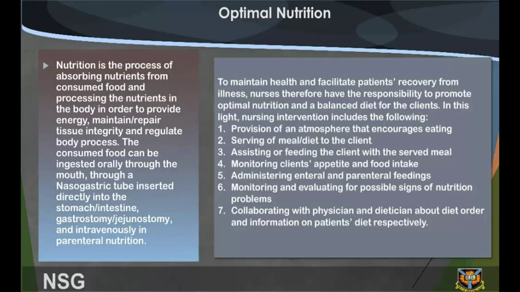The consumed food can be ingested orally, through the mouth, through a nasogastric tube, inserted directly into the stomach, intestine, gastrostomy, jejunostomy, and intravenously in parenteral nutrition. To maintain health and facilitate patients' recovery from illness, nurses therefore have the responsibility to promote optimal nutrition and a balanced diet for the client.